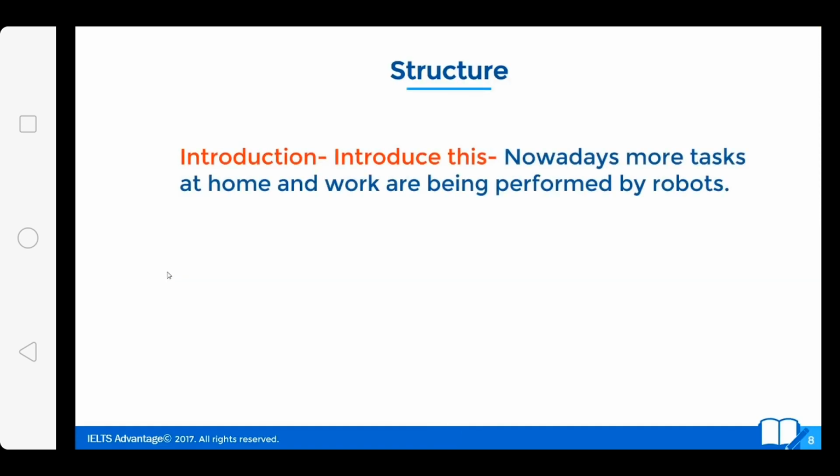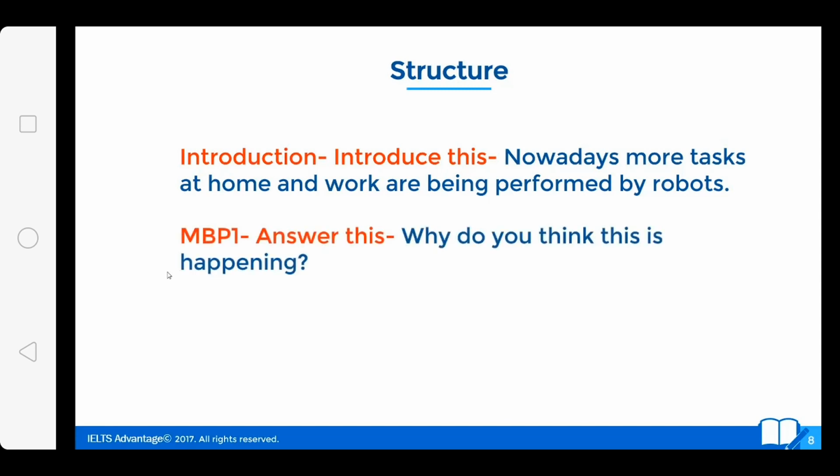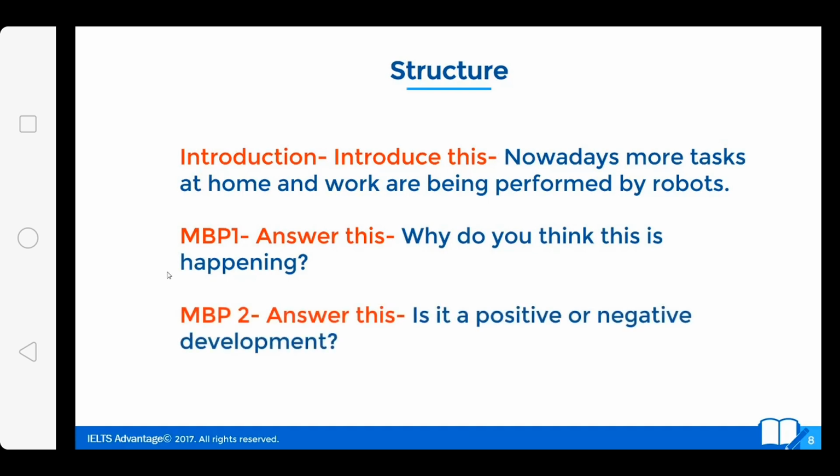So this means that you will find it easy to understand and easy to do on test day. Okay, so here's what the structure would look like. Introduction. Let's break it down into simple language. The introduction is saying to the reader, saying to the examiner, this is what this essay is about, this is what I'm going to talk about. Then your first main body paragraph, here's the answer to the first question. Second main body paragraph, here's the answer to the second question.